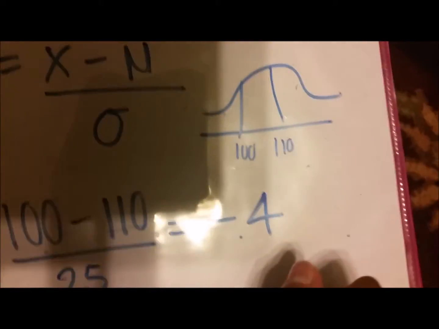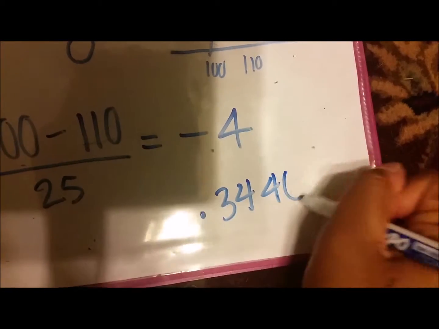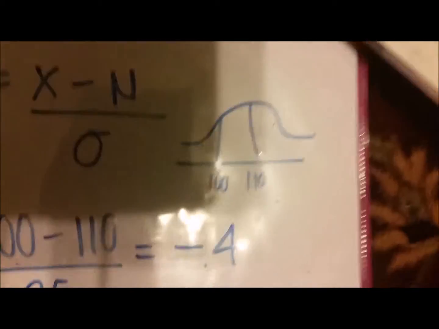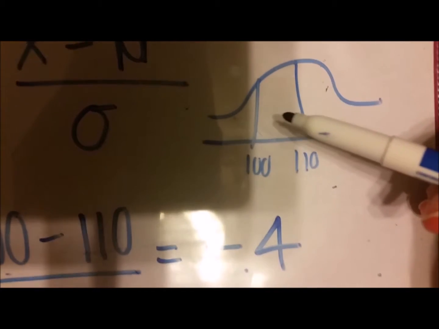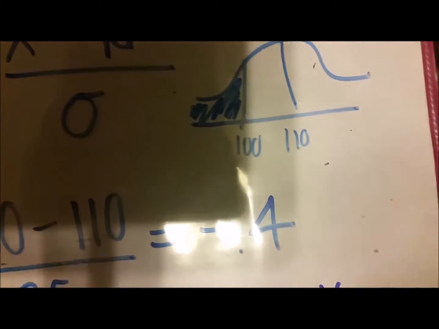So negative 0.4, sorry, it's really hard to see. It's 0.3446. So if you come over here, it equals 0.3446. Now on here, that will be below over there.